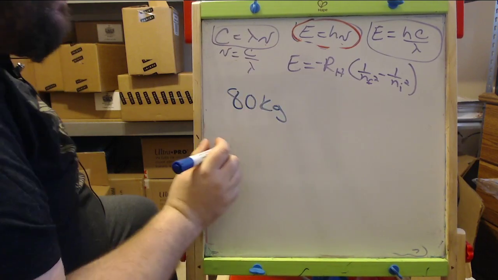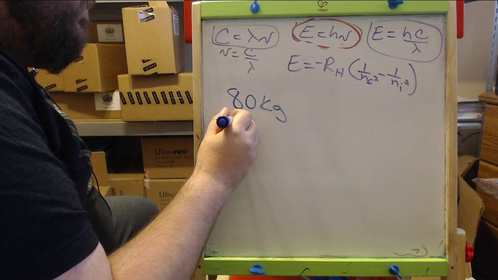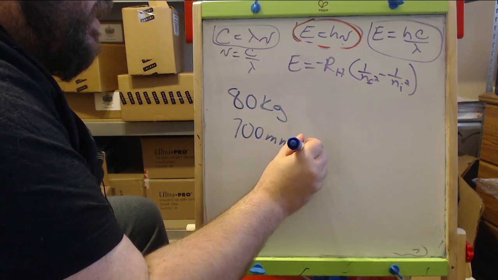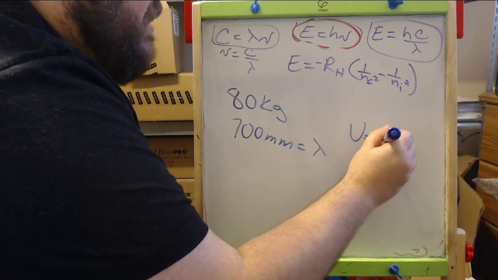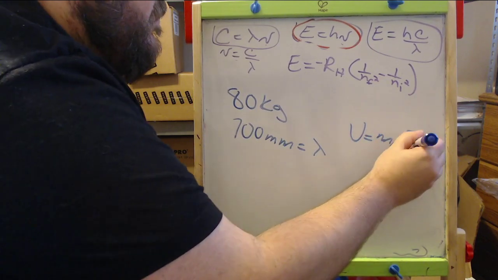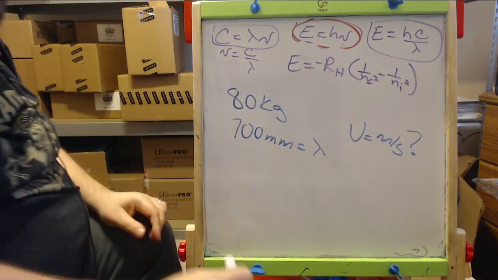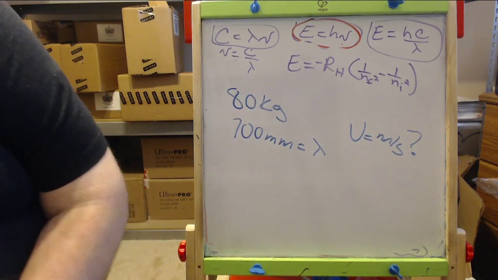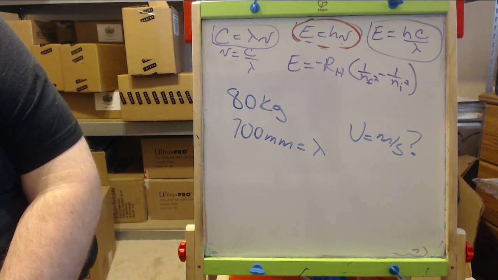If something weighed 80 kilograms, and we were looking for something around 700 nanometers wavelength, what would the velocity in meters per second have to be? Figure it out. You're going to be disappointed, because the Flash doesn't actually have to move that fast. Due to its high mass, it needs a lower velocity.